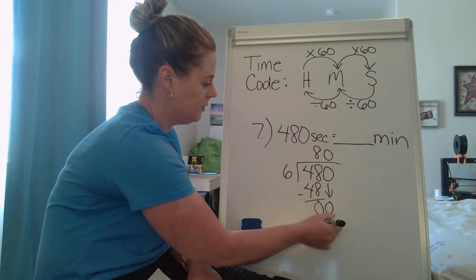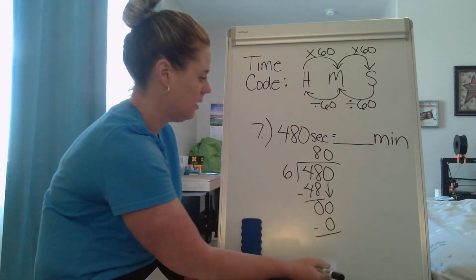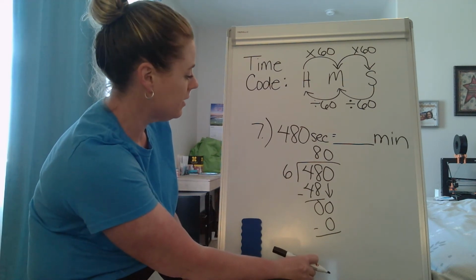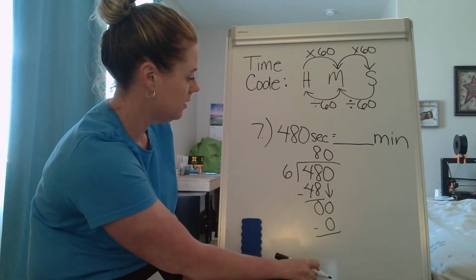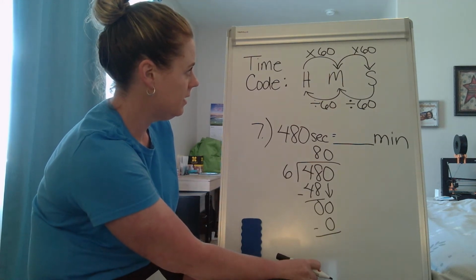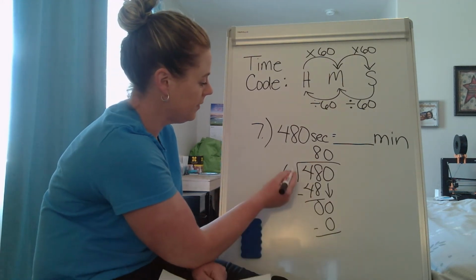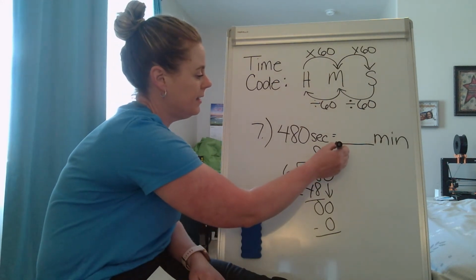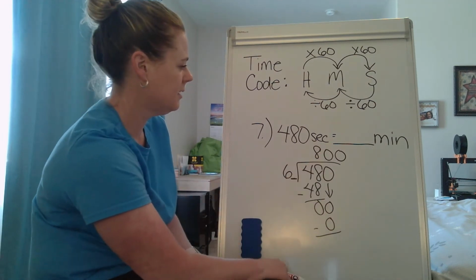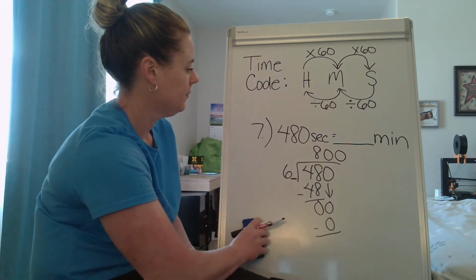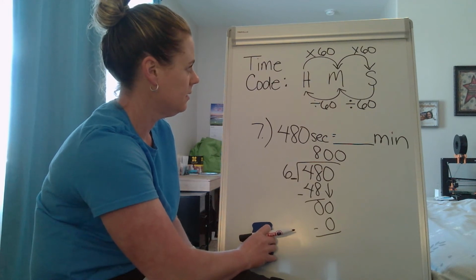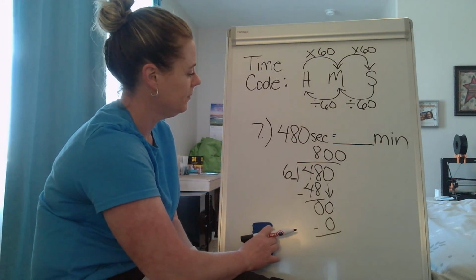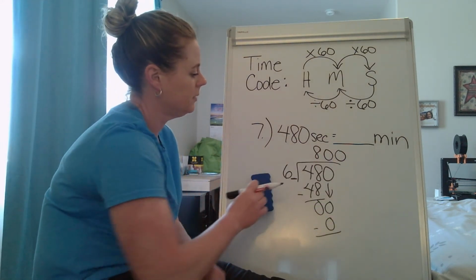So 6 times 0 is 0. So our answer would be, we have to put another 0 on there because we are missing that 0 here. So we're going to add another 0. But that doesn't make any sense. Minutes. We're dividing by 60. Oh my goodness.